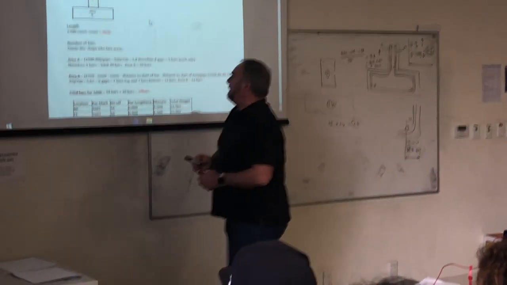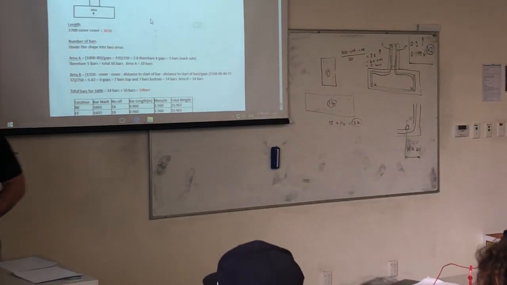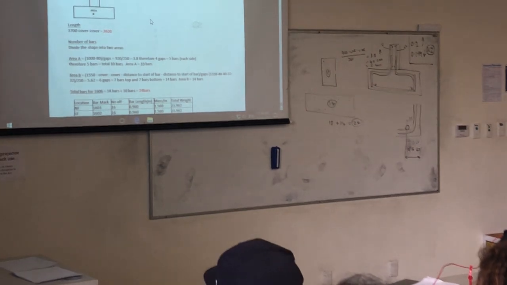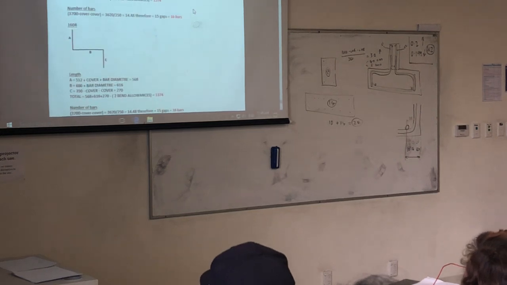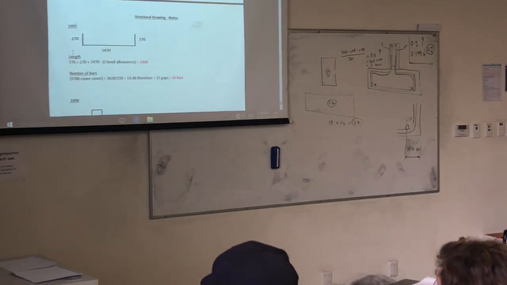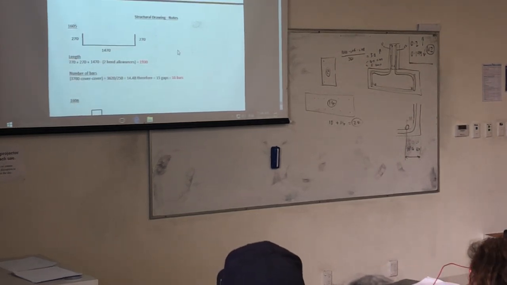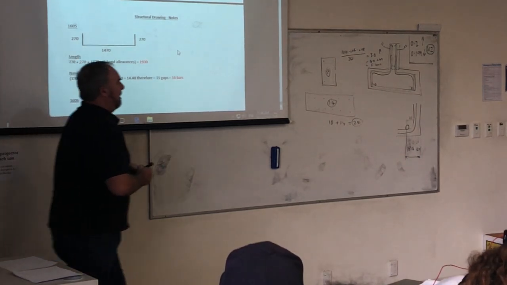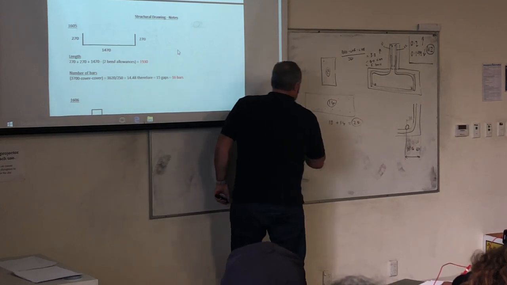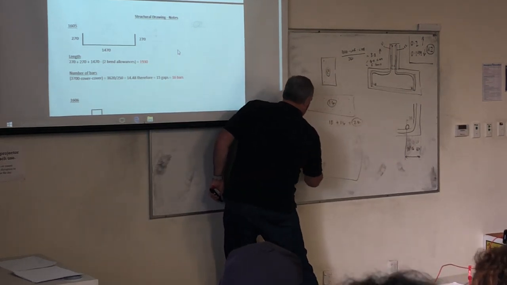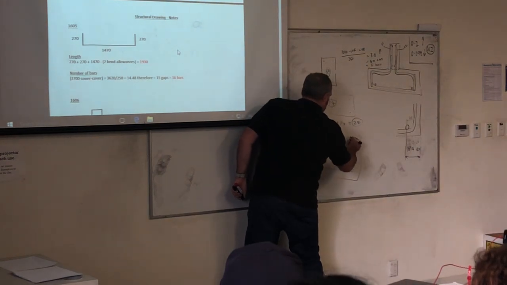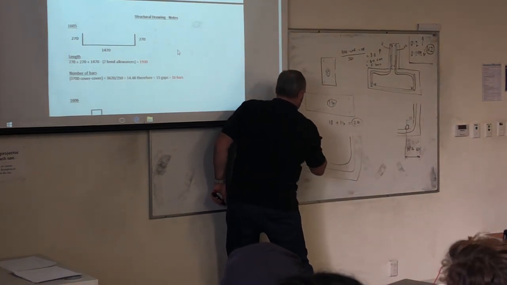I guess the only other 2 bars that provide a little bit of interest, we'll start with this one here, 1605. So when we put the numbers on the bars, it is always from outside to outside.